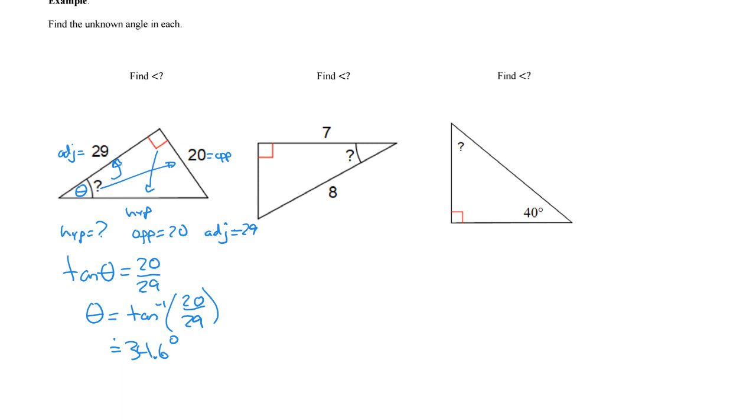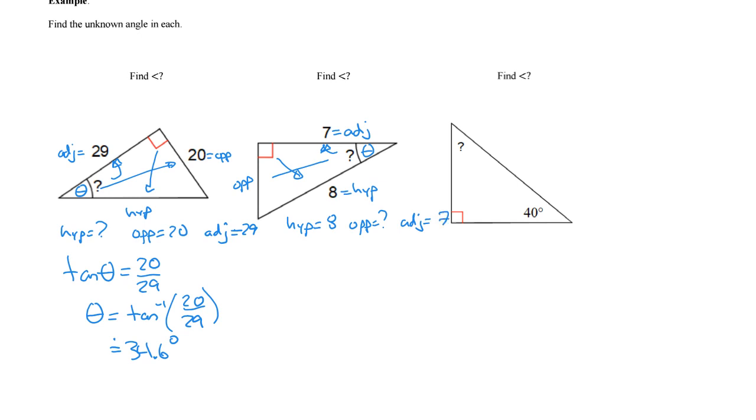So for example, here's my theta in this triangle. I'm going to use relative labeling for this one, except I know that right here is the hypotenuse. I know that the 7 here, because it's being used with the hypotenuse to make up theta, is the adjacent. And way over here is the opposite side, and I don't know what that is. I do know the hypotenuse is 8 and the adjacent is 7.